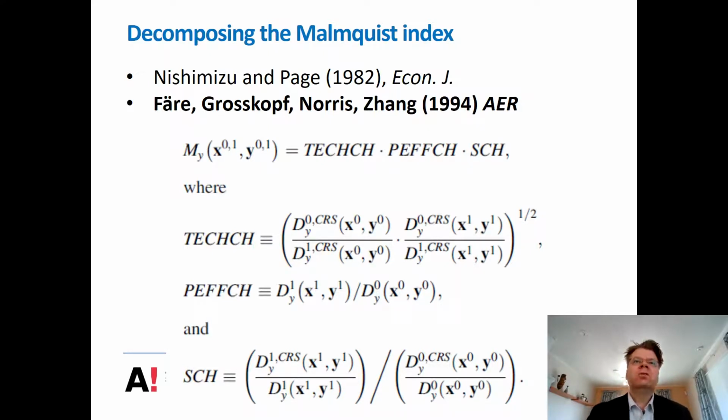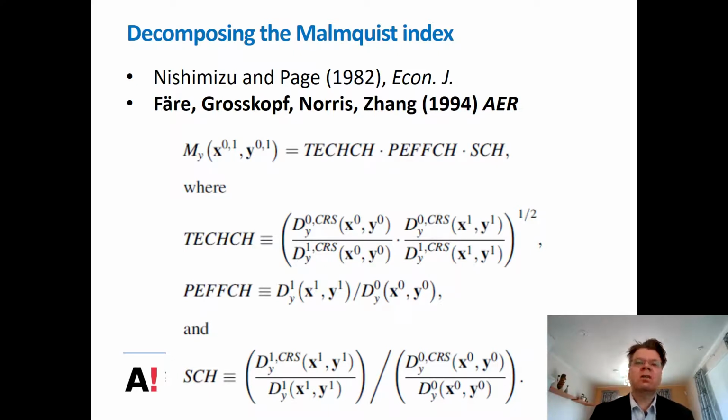However, it's also interesting to note that a similar decomposition was proposed somewhat earlier by Nishimizu and Page in the Economic Journal. However, this Nishimizu and Page decomposition doesn't use the term Malmquist index because, well, if you remember when Caves, Christensen and Diewert introduced it, it was around the same time. So this term Malmquist index was not even invented yet when Nishimizu and Page decomposed productivity.